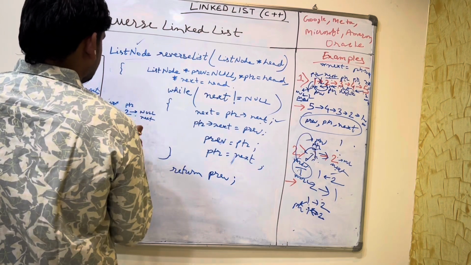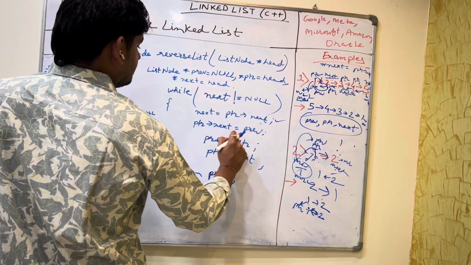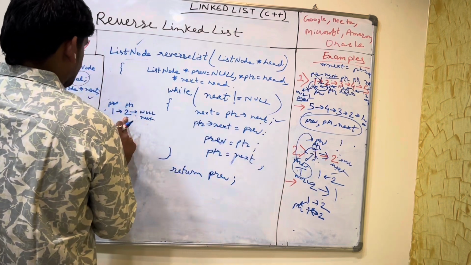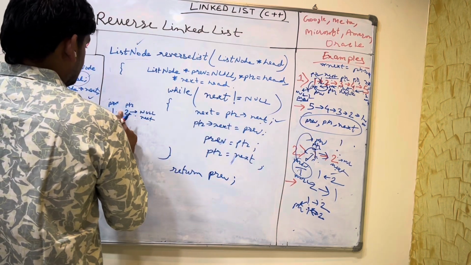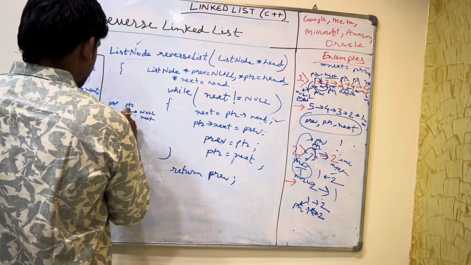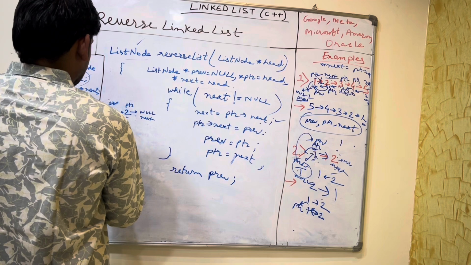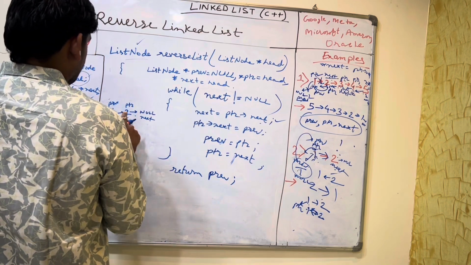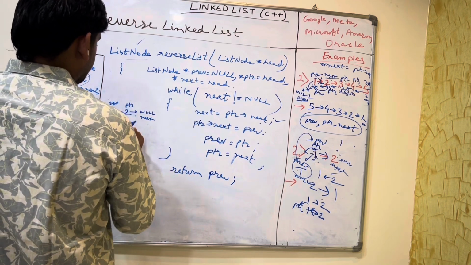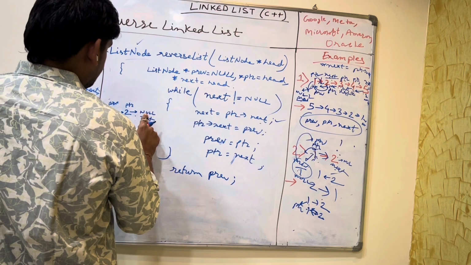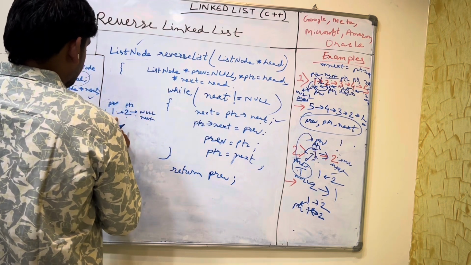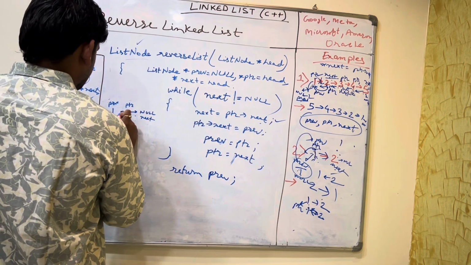Okay, and then PTR next is equal to previous. So here this one was pointing to null, right? Now PTR next is equal to previous. So PTR next was pointing to null, now this will point to previous. So this node will change here.